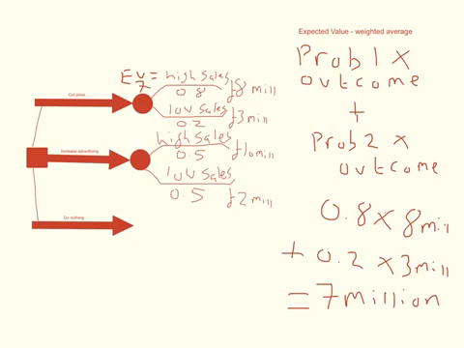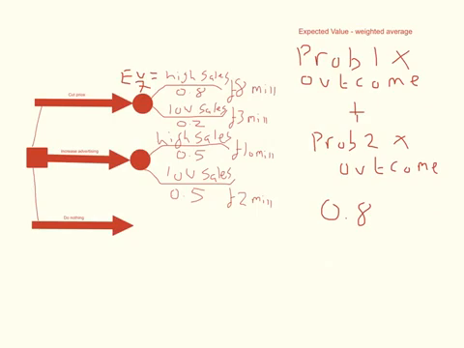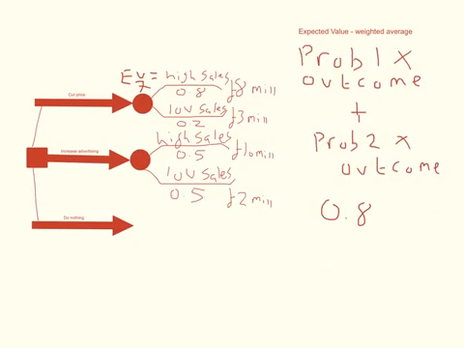So why don't we have a go at calculating the expected value now for the second option. So we can clear this bit here, and then we can start again.